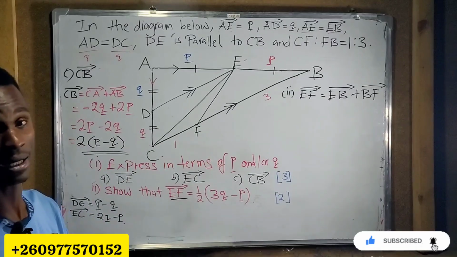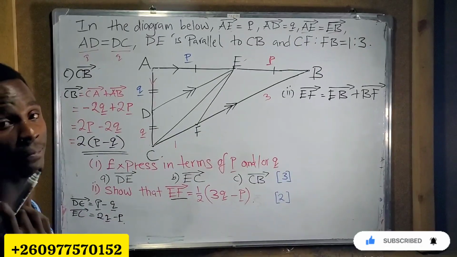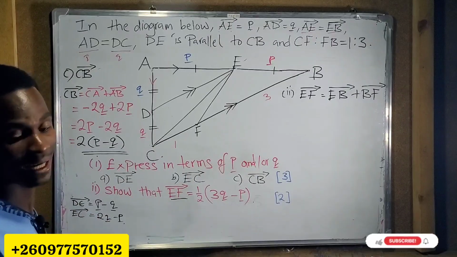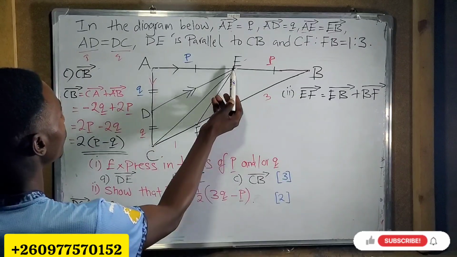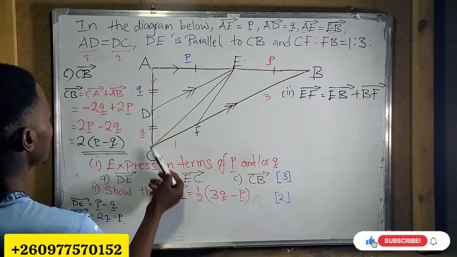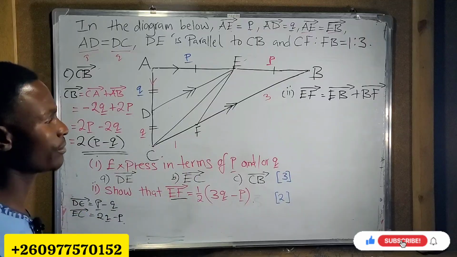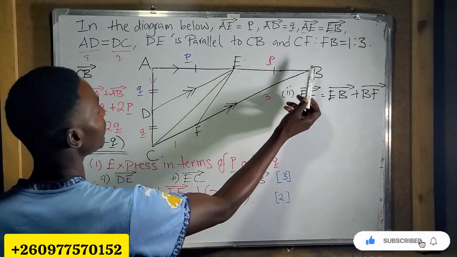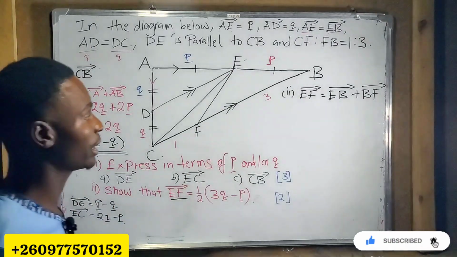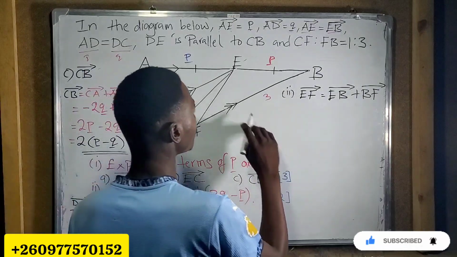You still find the same answer. Remember, always use the easiest way. Or you can also move ADDCTF. Same, we find the same answer, but now here just EB plus BF. That's it.